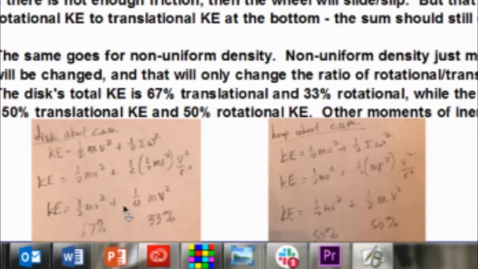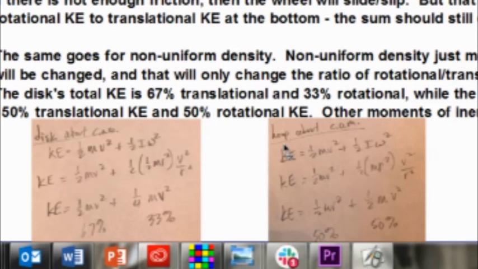So in other words, of all of the kinetic energy, this part right here, which is the rotational, is 1/3 or 33%, right? Half of 33.33 is half of 66.66.